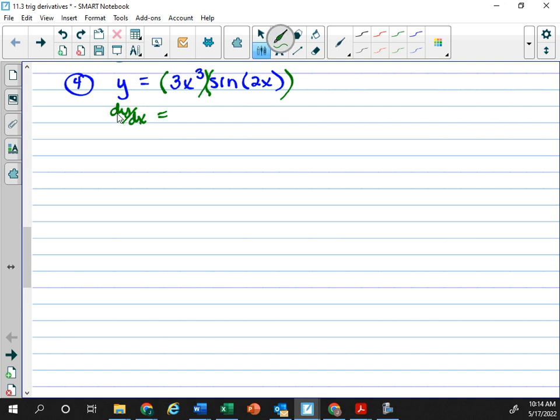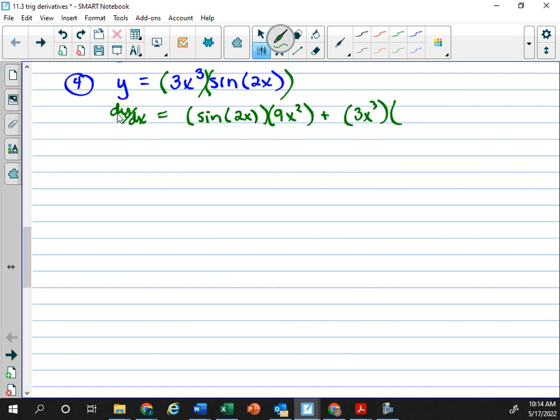All right, guys, so I always like to do the second term first, so I'll do sine of 2x times the derivative of the 3x cubed, so I'm going to say times 9x squared, plus that first term of 3x cubed times the derivative of the sine of 2x.